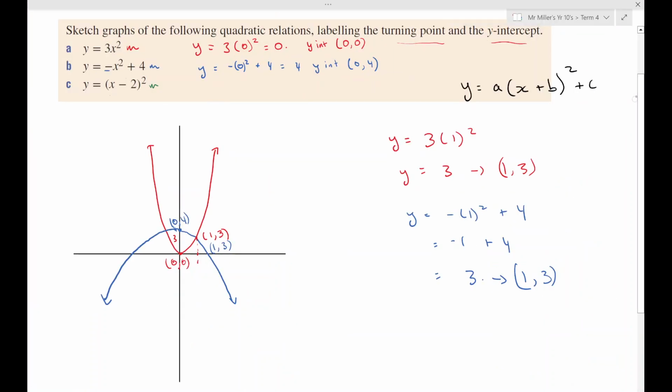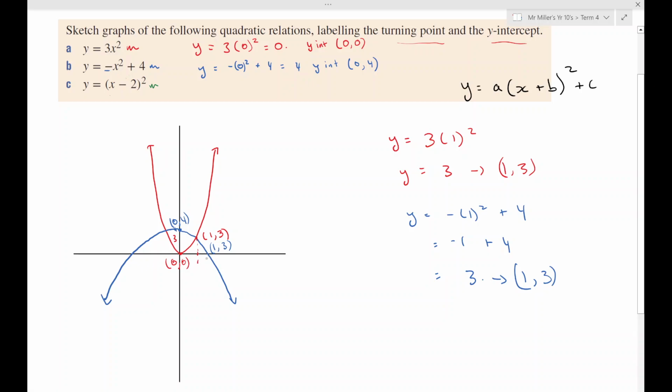All righty, green. For green, I see that there's been no dilation: a is 1. There's been no vertical translation: c is 0. But b is -2. Remember, if b is negative, that means a shift in the positive x direction. So x take 2 means I'm shifting 2 spaces in the positive x direction.